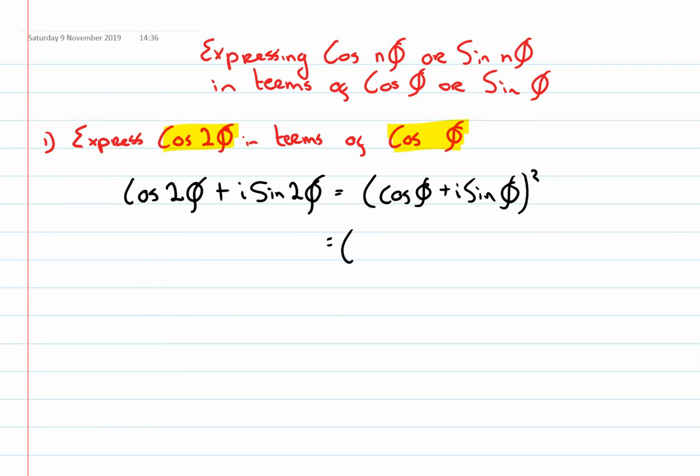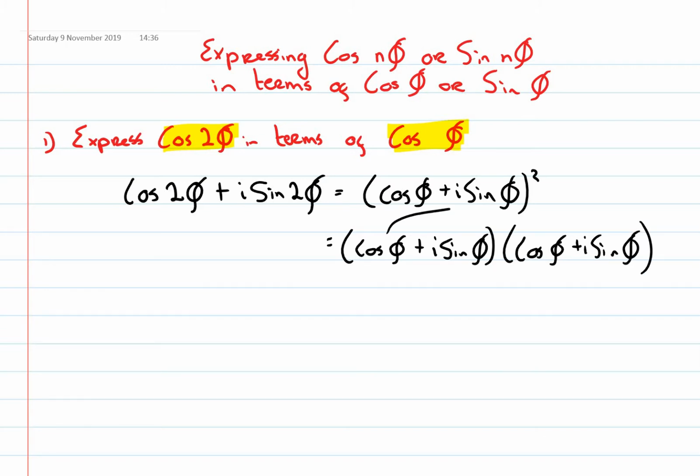So I can say that that is cos theta plus I sine theta multiplied by cos theta plus I sine theta. So I'll multiply them out. It's this by this and this by this first.